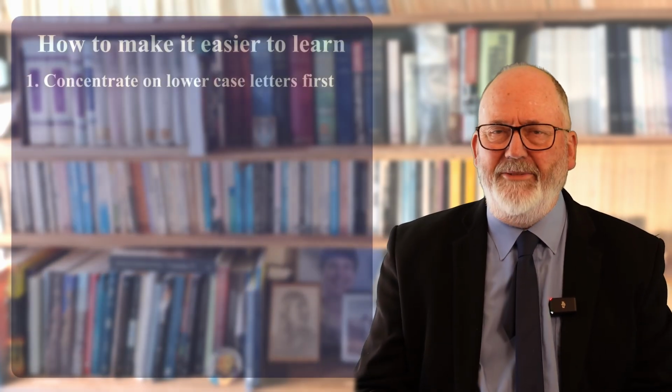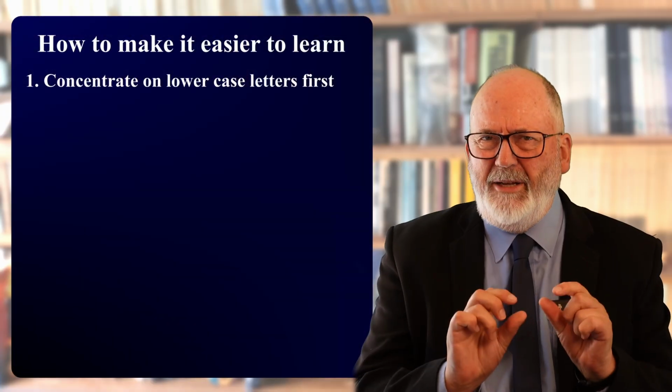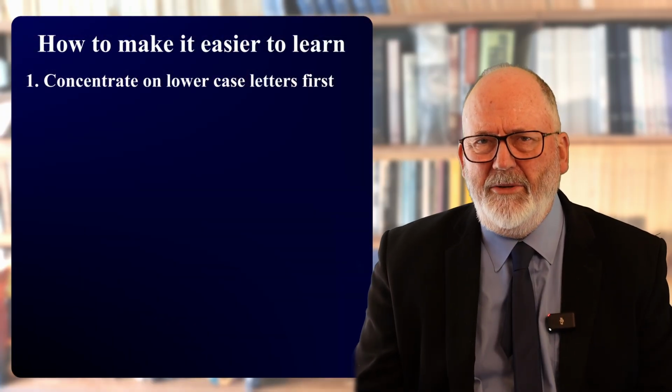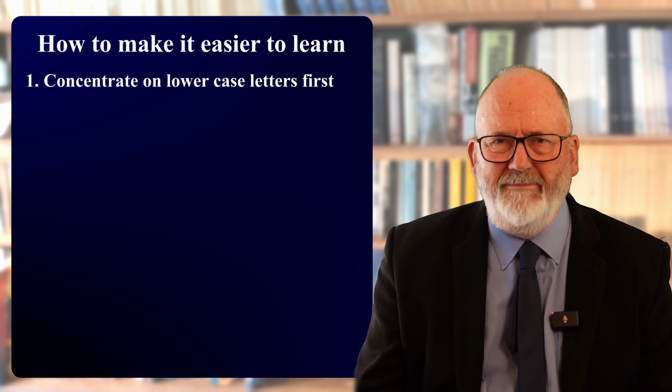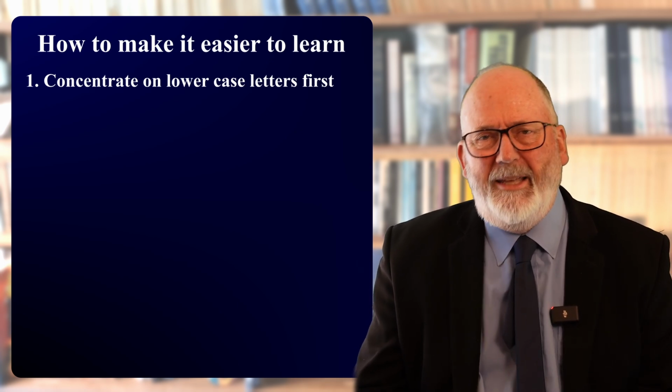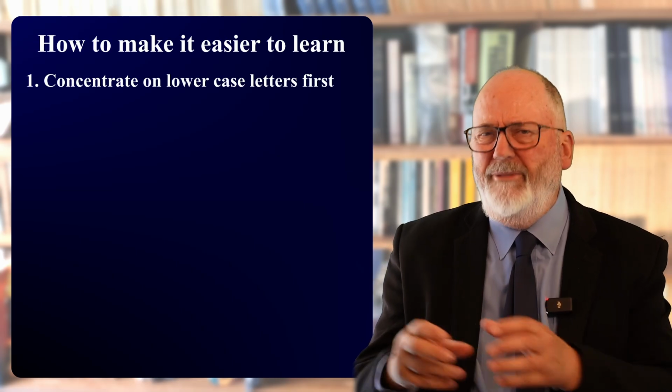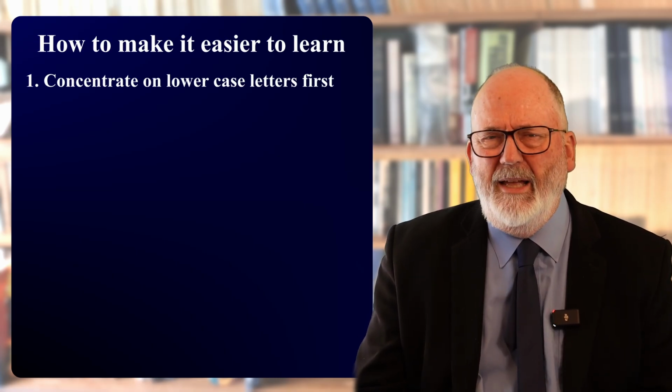So when we come to tips for making learning the Greek alphabet easier, that's the first one. Start by concentrating on learning to write out the lowercase Greek letters. Don't worry so much about the uppercase Greek letters, as you will meet them often enough for them to become familiar as you are working through exercises.